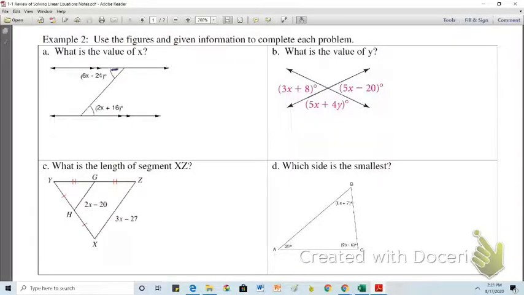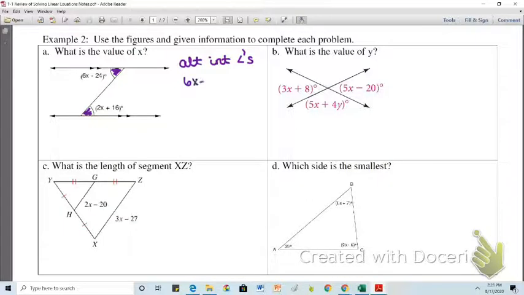So opposite corners of a z are alternate interior angles. What we know about alternate interior angles is they are equal or congruent. So I'm going to go ahead and set them equal.